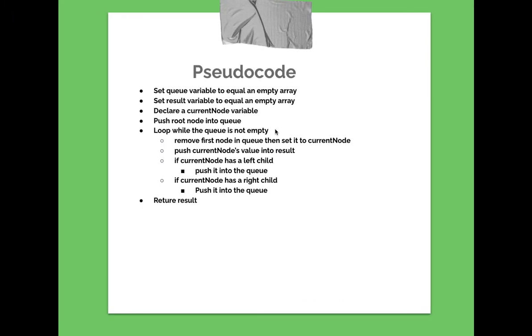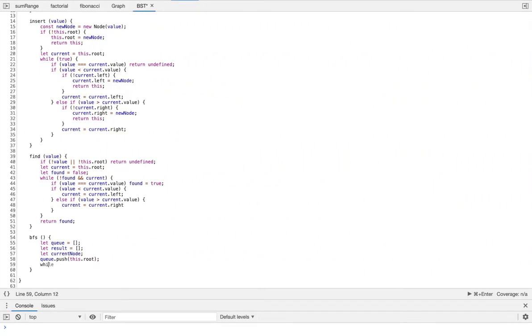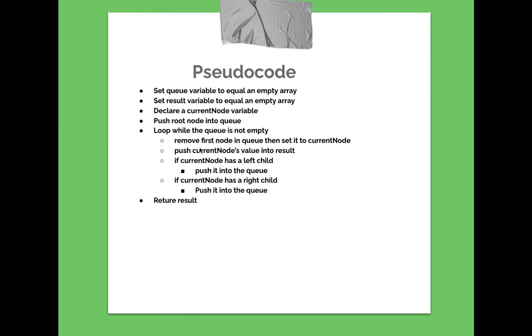Next, we're going to loop while the queue is not empty. So while queue dot length, then enter this block of code. While we're inside the loop, the first thing is to remove the first node in the queue, then set it to the current node.